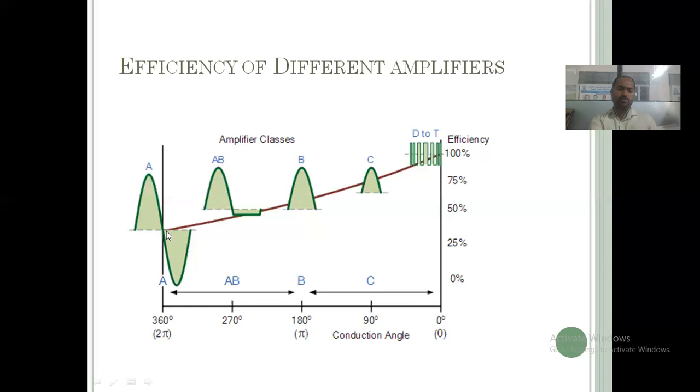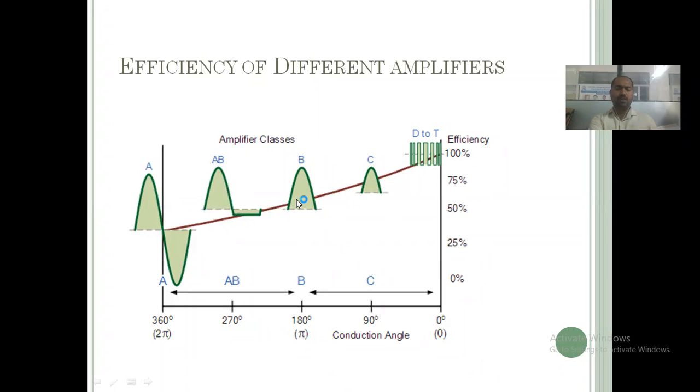When we use this class of configuration, whatever input signal is applied should come through at the output. But the output has less strength. The efficiency of the class A type of configuration is near about 40 to 45%. For the class AB type of configuration, the efficiency is greater, near about 50%.